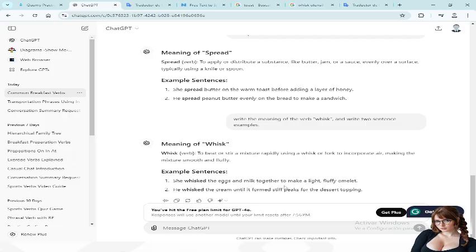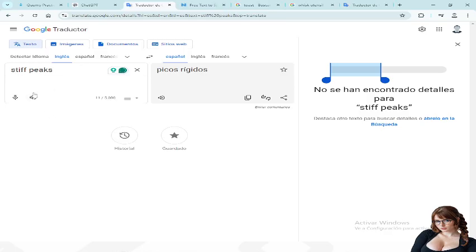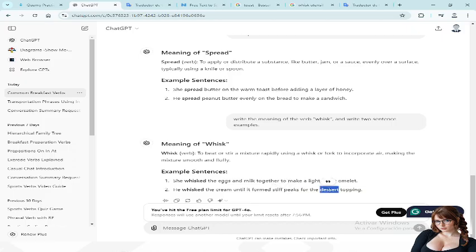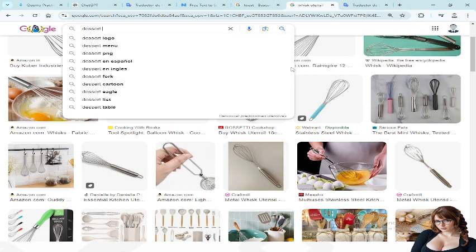For the dessert topping. A couple of words that I would use to increase my vocabulary are stiff peaks and dessert. I know the meaning of dessert, but I want to show an example.